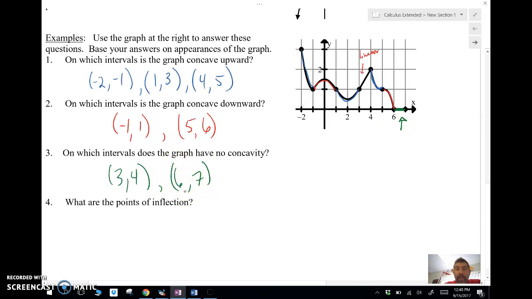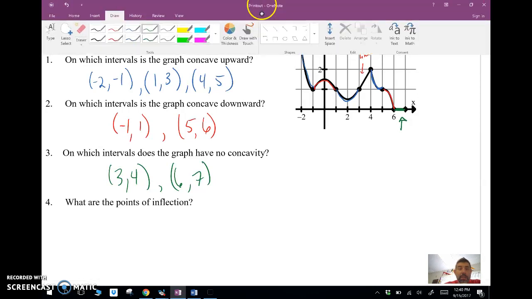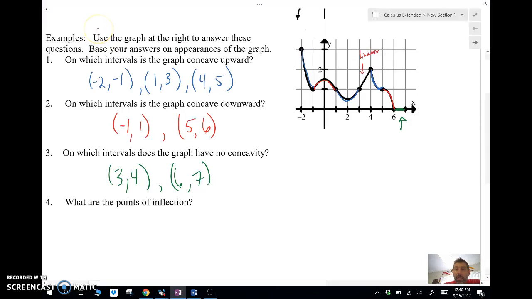What are the points of inflection? The points of inflection are where it changes from concave up to concave down. There needs to be a tangent line at a point of inflection, so if the graph isn't differentiable there, it can't have a point of inflection. Notice here, this is a sharp turn.